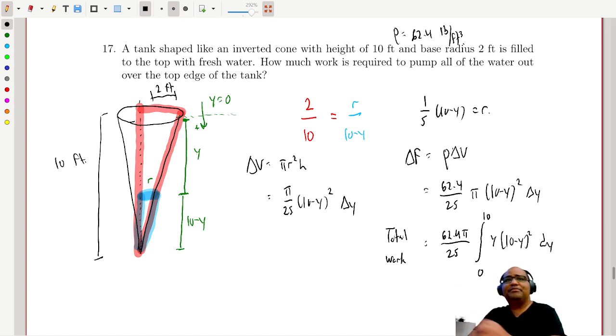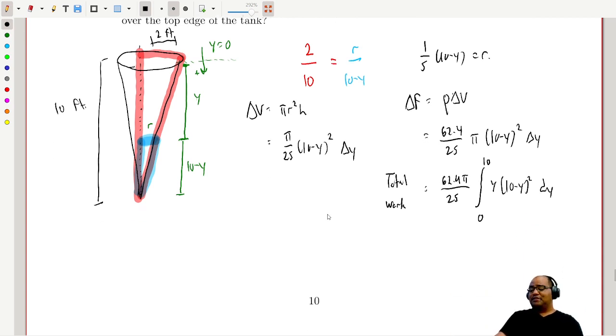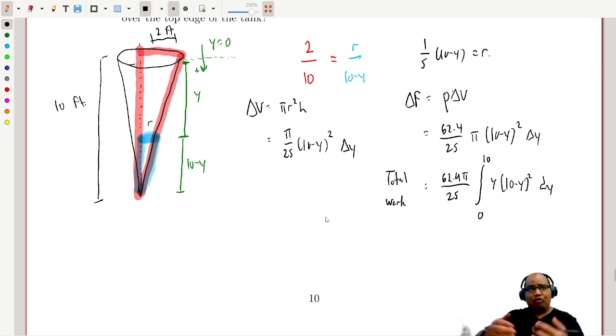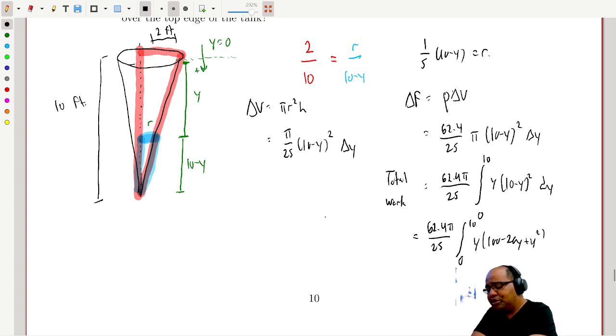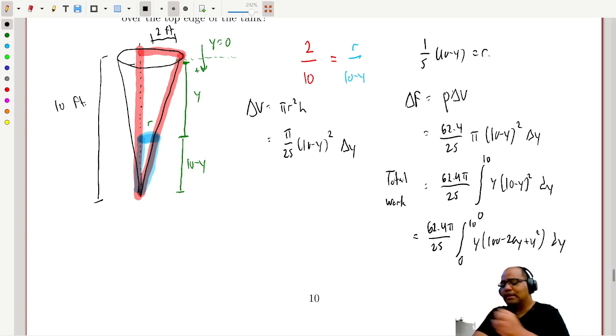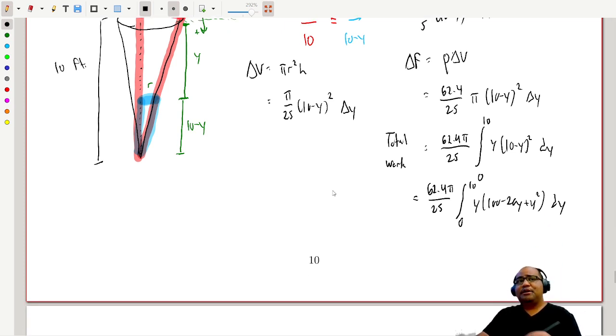Now for the sake of time, I won't go through all the steps here, but you should, of course, expand that integrand first. You can't integrate piece by piece here yet. So when you do all the expansion here, you get y times 100 minus 20y plus y squared. Now you multiply through, and now we use the power rule.